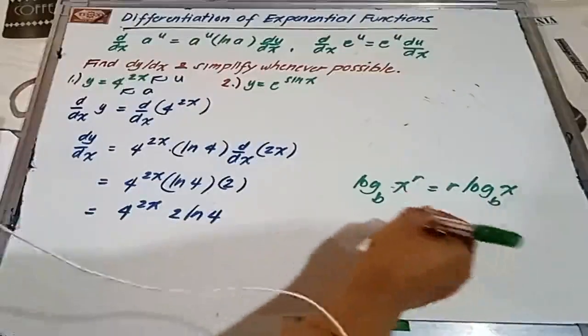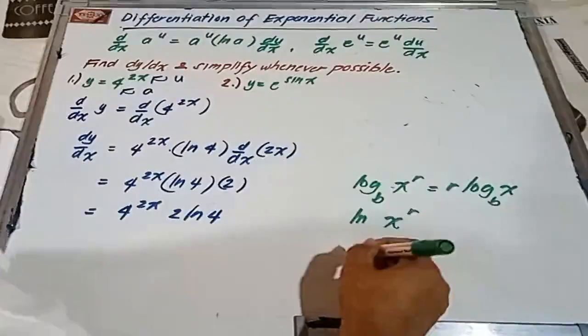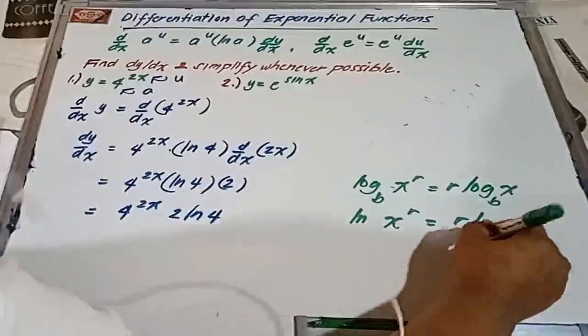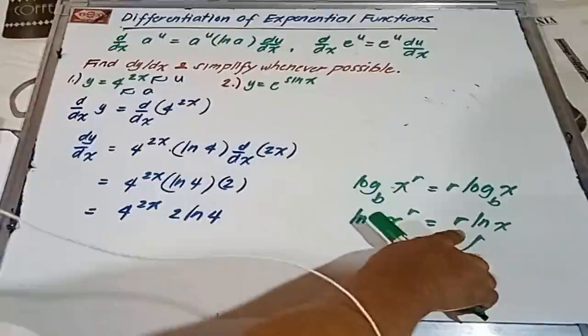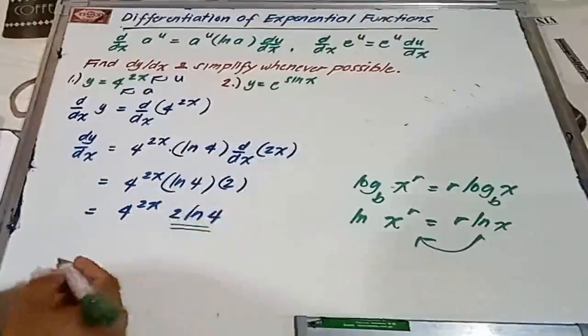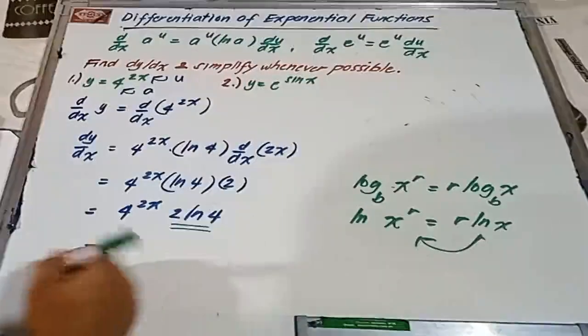And this is also applicable to natural logarithm. Therefore, ln x to the r is equal to r ln x. But this time, pabalik. Okay? From here, papunta dito. Okay? So, ito yung sinasabi ko. So, magiging exponent yung ating 2. Exponent ni 4.